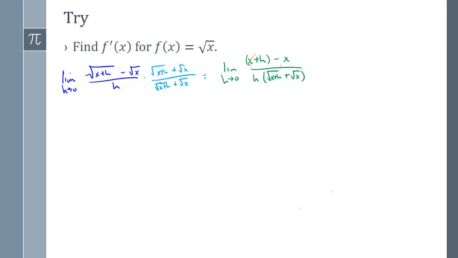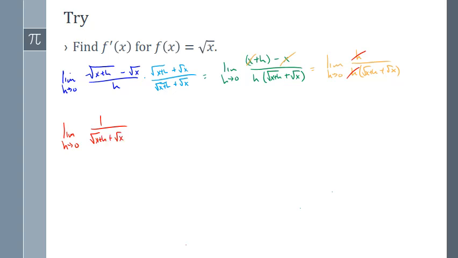Now these x's are going to cancel, so I've got the limit as h goes to 0 of h over h times radical x plus h plus radical x. Now I can cancel out those h's. Limit as h goes to 0 of 1 over radical x plus h plus radical x.